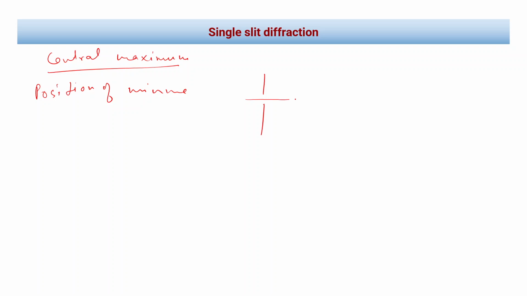This is the center, this is my screen. Now say the light is bending and we are getting the first minima at this point, let's call this point y. From the center we have to take this position. At y position from the center on both sides we will be getting the minima.